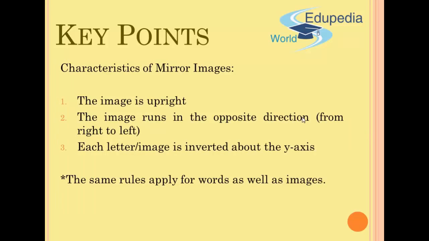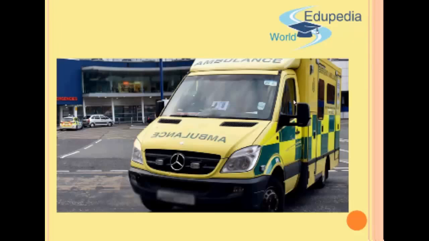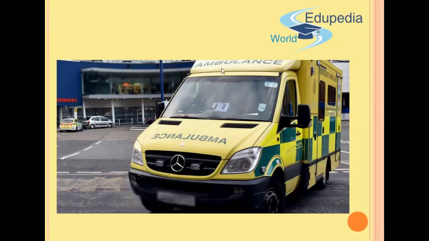And the third characteristic is that each letter or image is inverted about the y-axis. On an xy plane, the y-axis is the vertical one. So each of these letters will be inverted. You see E has been inverted about the y-axis. I have flipped the letter, so it is opposite.